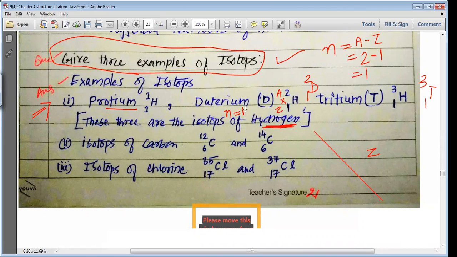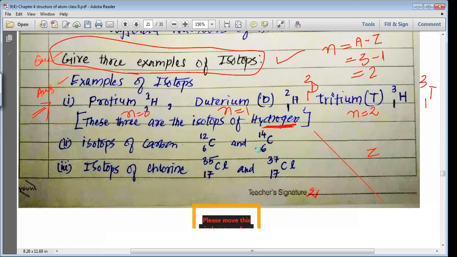Now if you look into tritium, A is equal to 3 and Z is equal to 1, and that is why the number of neutrons is 2. So my dear students, tritium has 2 neutrons, deuterium has 1 neutron, and protium does not have any neutron.